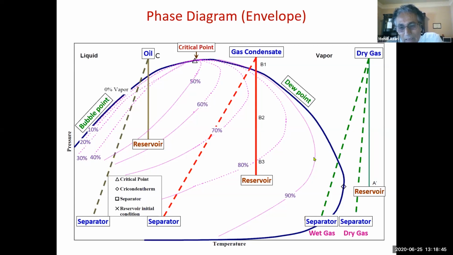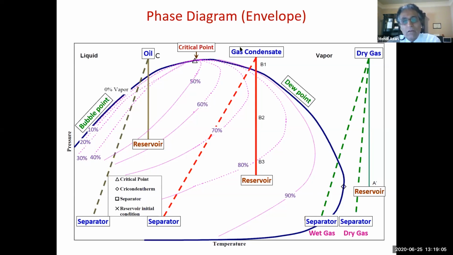Now, as you pass that plateau, the liquid gets dissolved back into that gas. So now from this 90%, you get to 92, 93, 95, and then you go back to 100% gas. And then you come down as gas. And that's why we call it retrograde condensate.